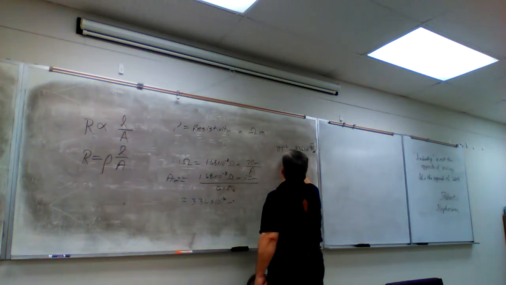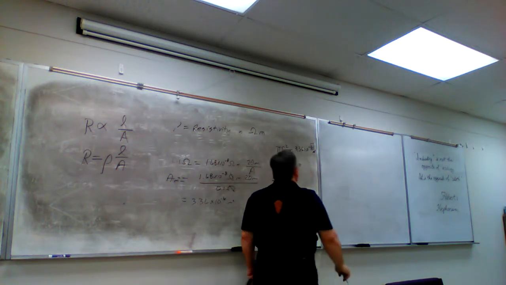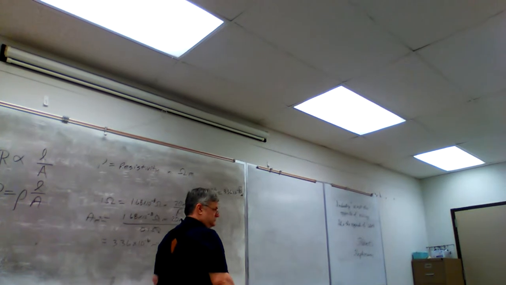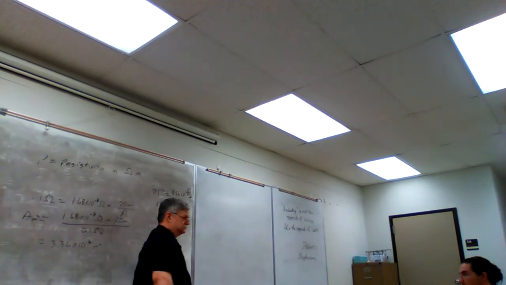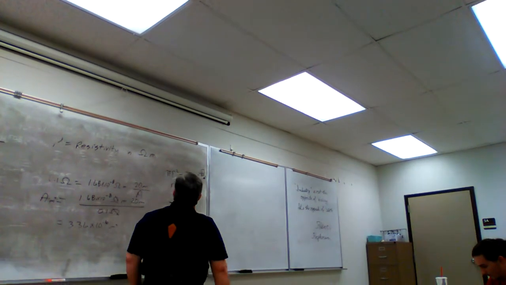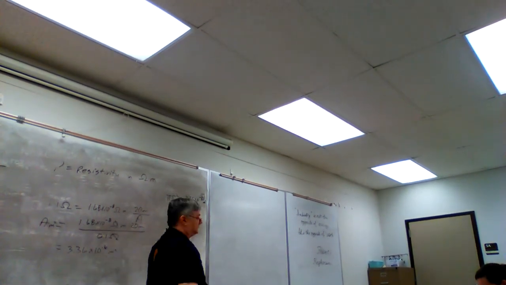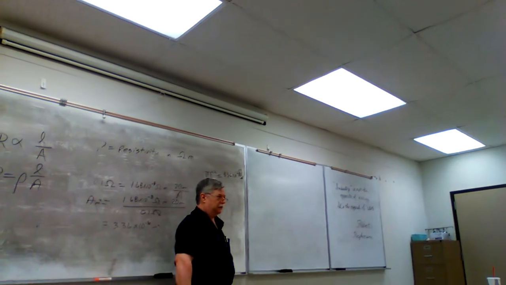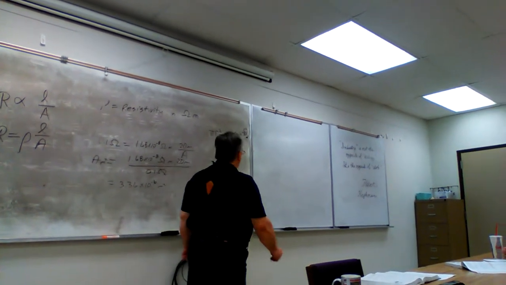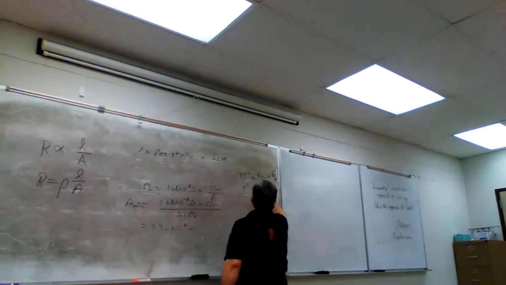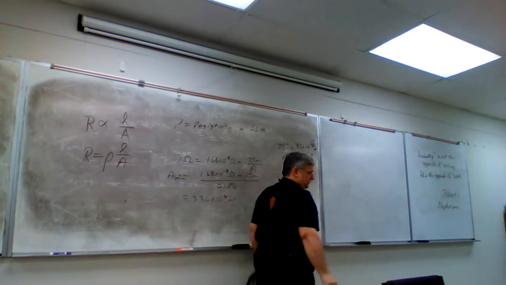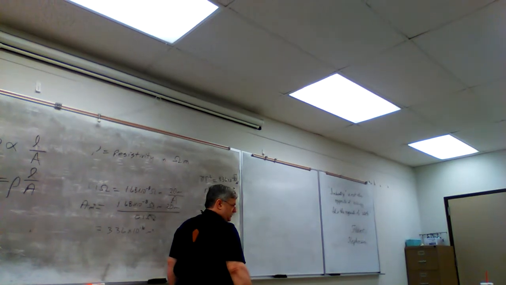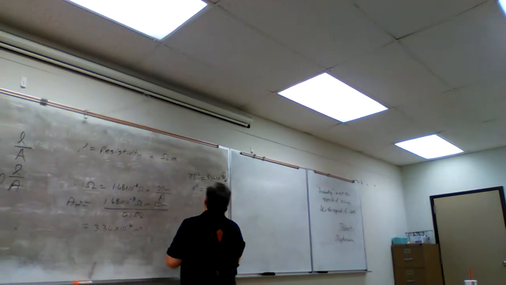If I divide both sides by pi, r squared is equal to what? Now just divide the 3.36 times 10 to the minus 6 by pi, and we get, minus 7 or 6? Minus 6.